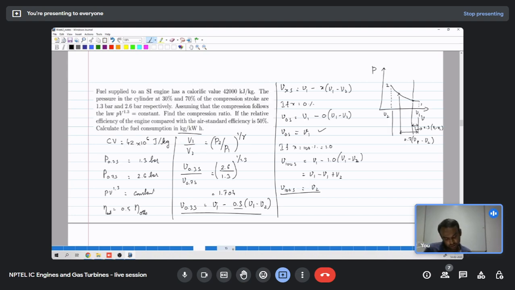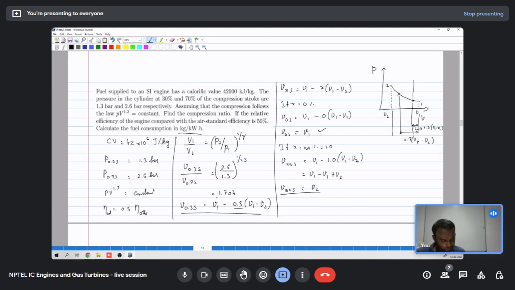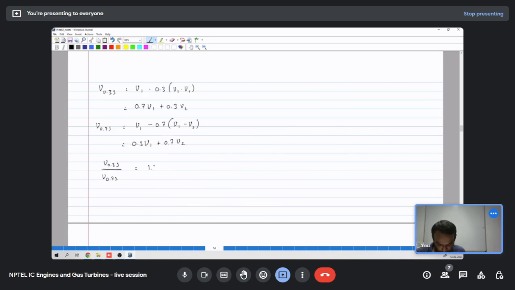We had the relationship here, the ratio of volumes is 1.704. That means (0.7 V1 plus 0.3 V2) divided by (0.3 V1 plus 0.7 V2) is equal to 1.704.